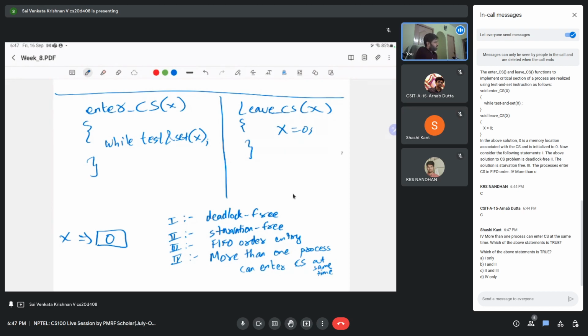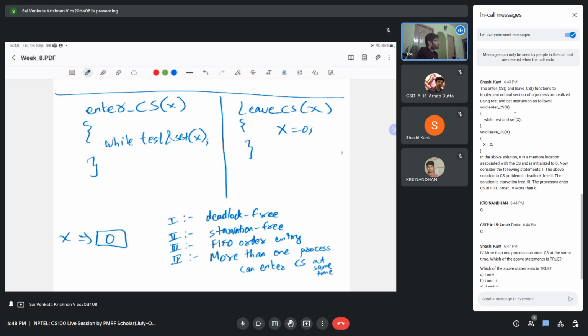Which of the above statements is true? 1 only, 1 and 2, 2 and 3, 4 only. So is there any count on the processes? No, right? Multiple processes, more than two, right? Even enter CS and leave CS, critical section of a process, using test and set instructions.